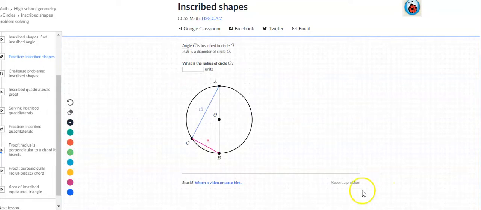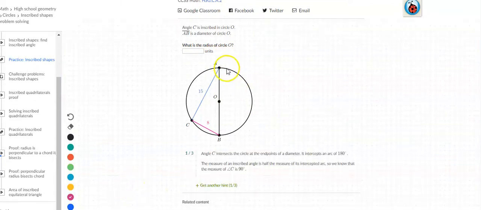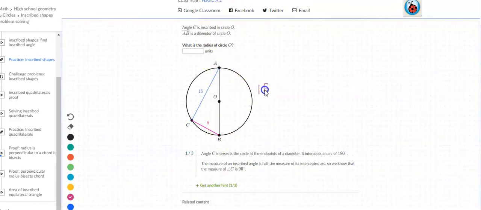All right, angle C is inscribed in circle O. What is the radius of circle O in units? Our AB is the diameter of the circle, which means this equals 180. And since C is inscribed, it equals 90. Okay. Now, I just use the Pythagorean theorem.